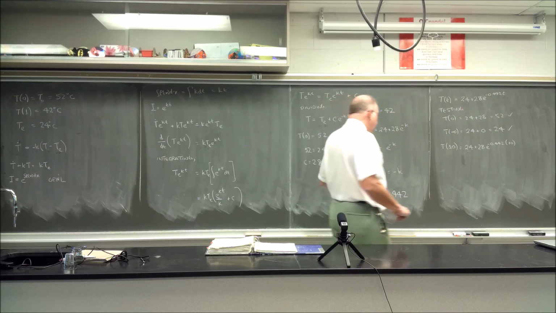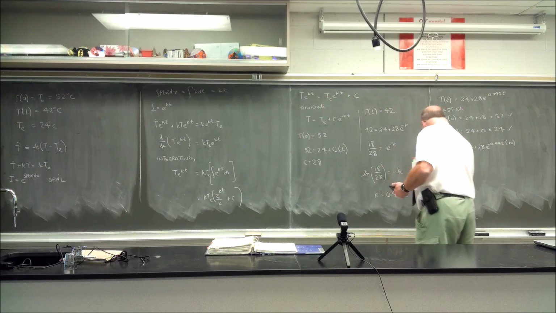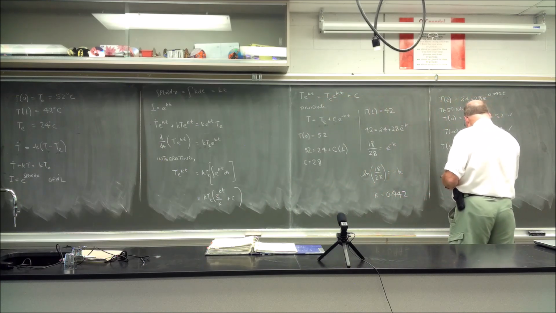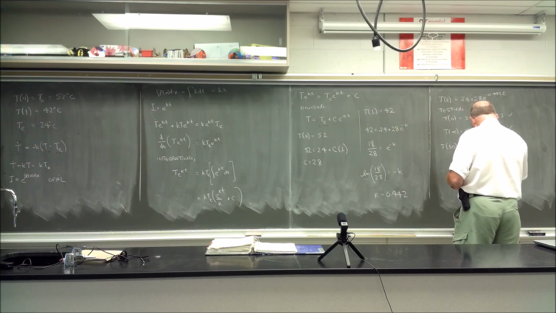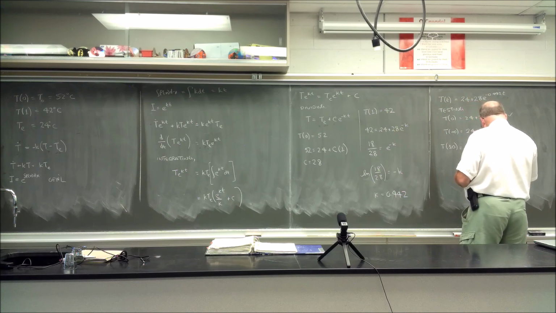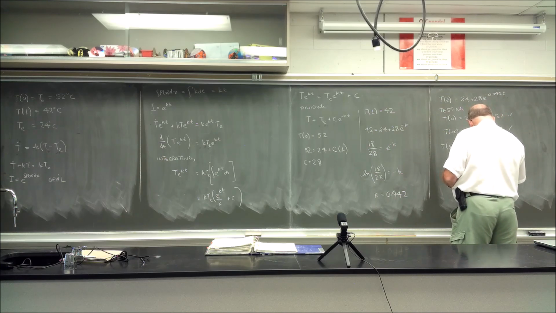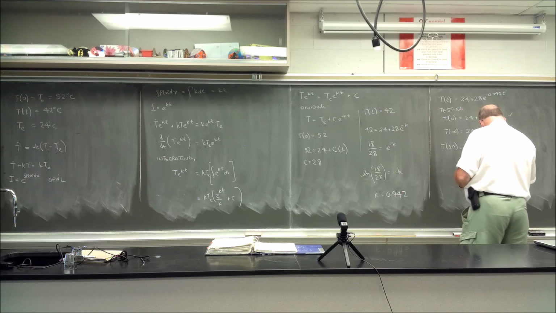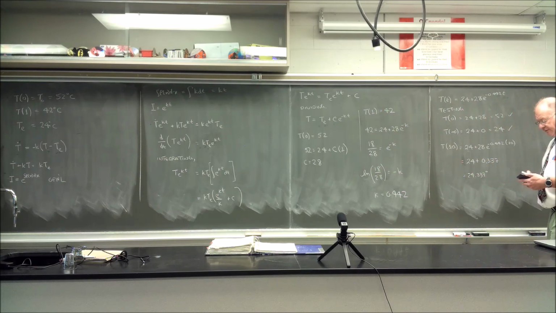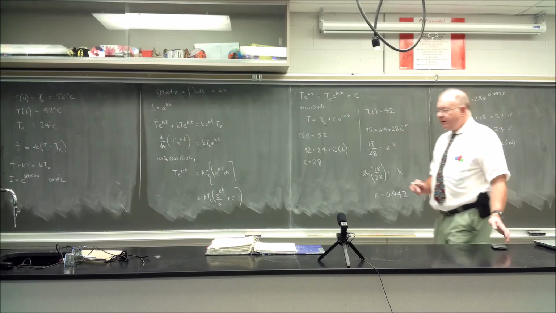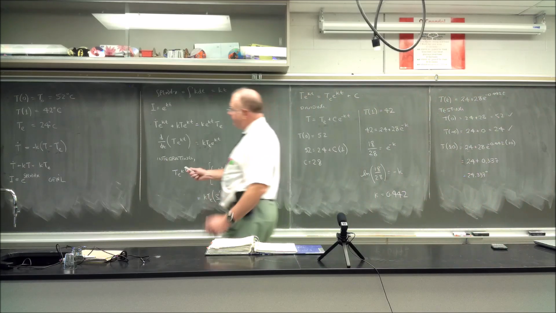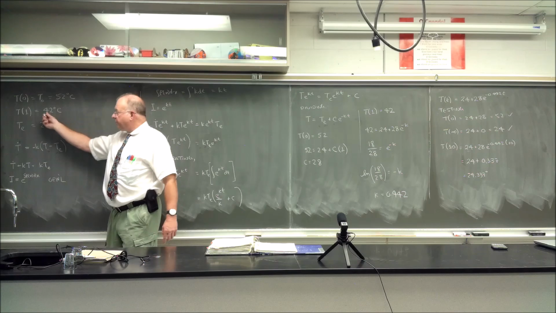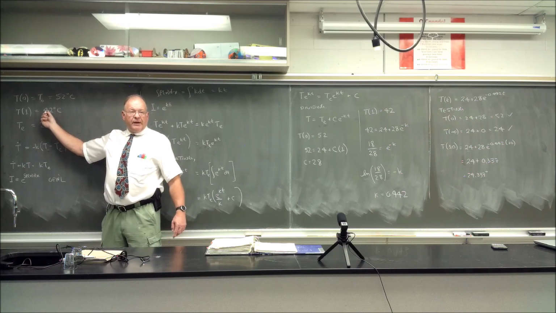So the coffee has gotten cold pretty fast. So this is equal to 24 plus 0.337, say, and then is equal to 24.337 degrees.